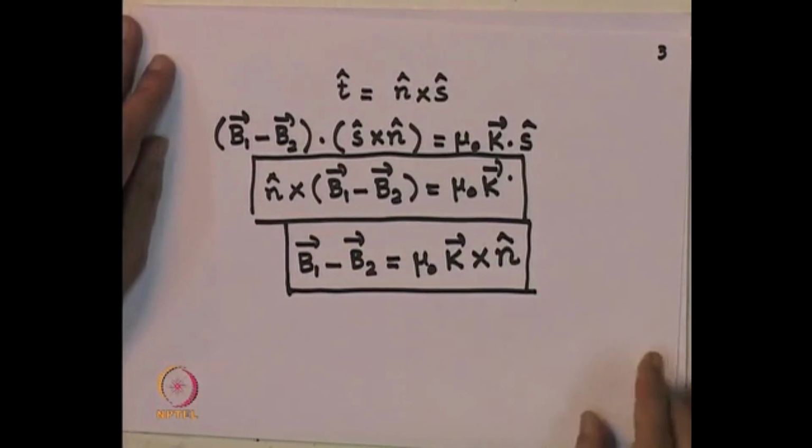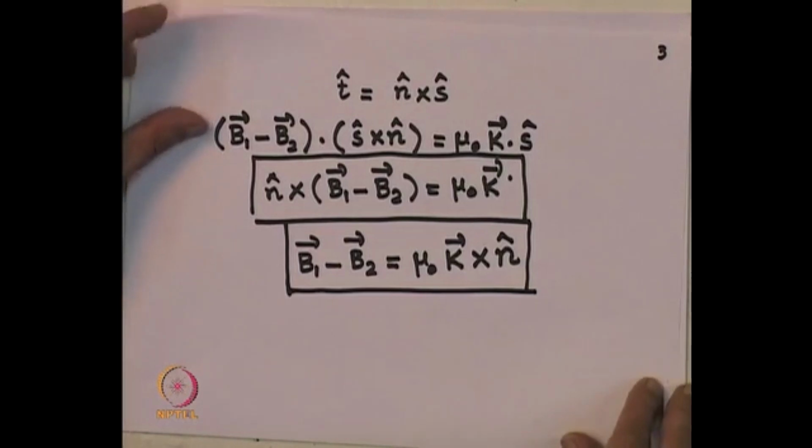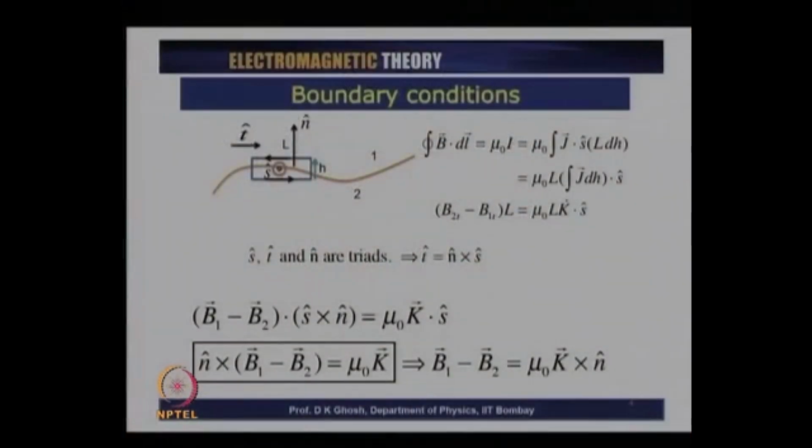What I want to do now is to use this to find out what will be the corresponding boundary condition on the vector potential A. We had seen, because of use of Coulomb gauge, since del dot A is equal to 0, the normal component of A was continuous.